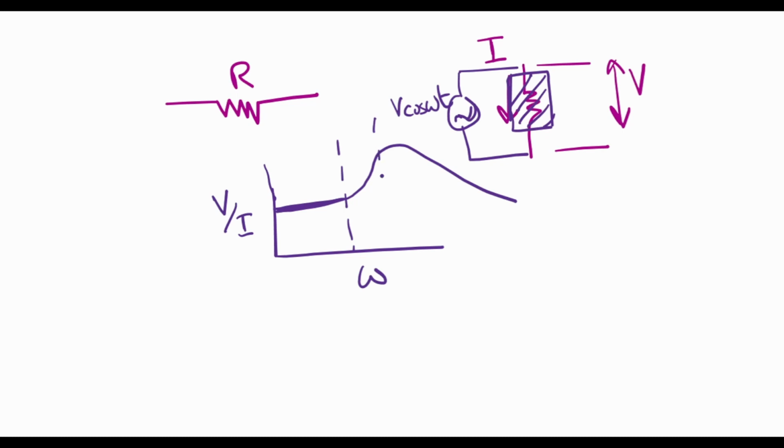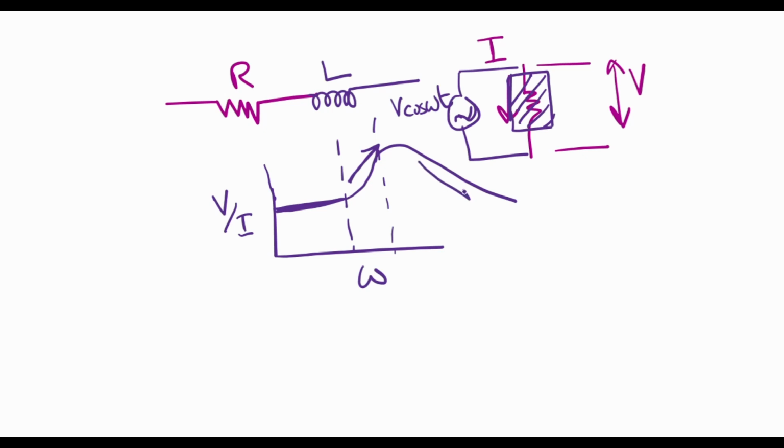For this region, where the ratio of voltage and current is increasing linearly with frequency, this is no longer a model for a resistive behavior. So what I need to do, I need to add an inductor next to this resistor to take into account for this increase in the voltage over current as a function of the frequency.